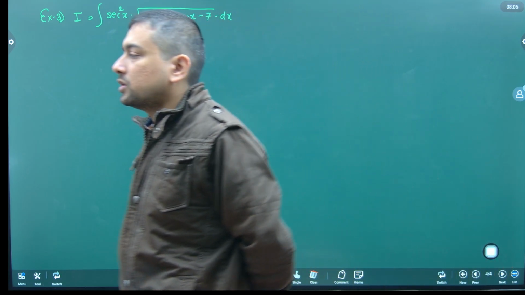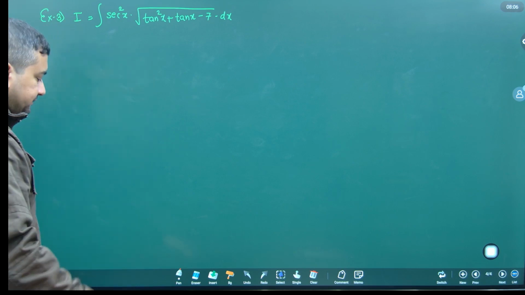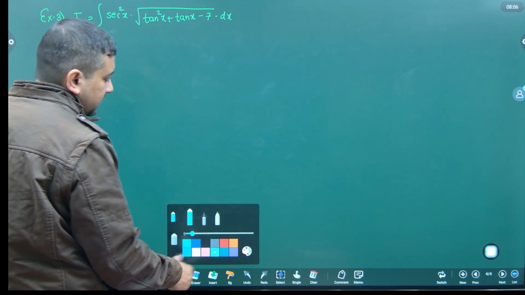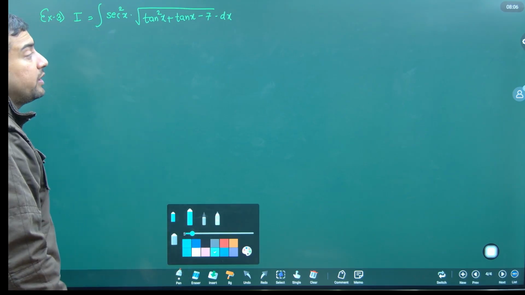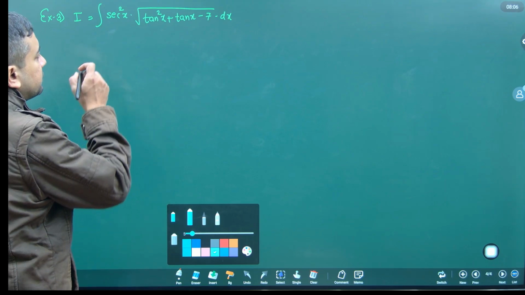So what topic are we learning? We are learning integration by parts, correct? So we need to convert this example into that form, u into v form. So first we will use the method of substitution.